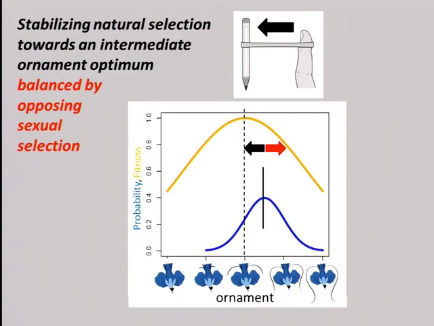So let me say too, while we've got this up here, that we've standardized things here, so if the variance of this curve is 1, then the variance-like parameter for this curve is about 9. It's about 10 times broader. That's to say, this is relatively weak. This value for stabilizing selection is a value that's commonly observed in natural populations. It's not implausible. And we'll use that value later.